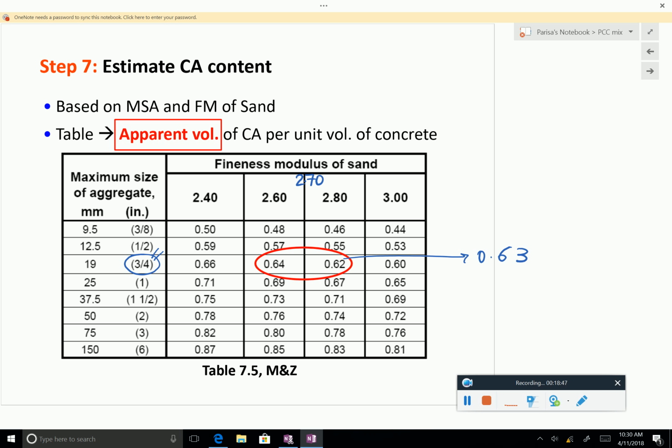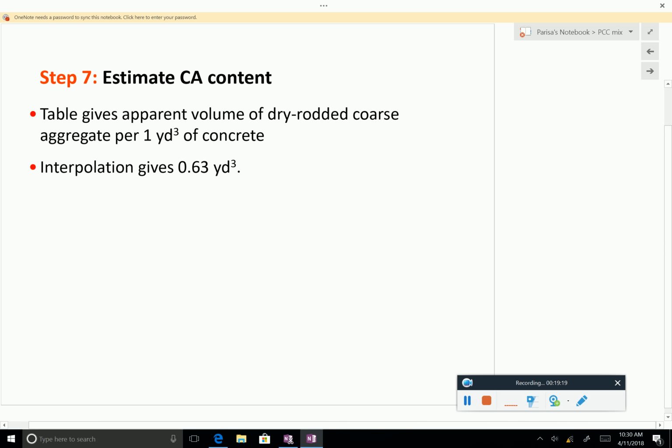How much? What is this 0.63? So it is apparent volume per unit volume of concrete. So it's 0.63 cubic yard. It's kind of a percentage.